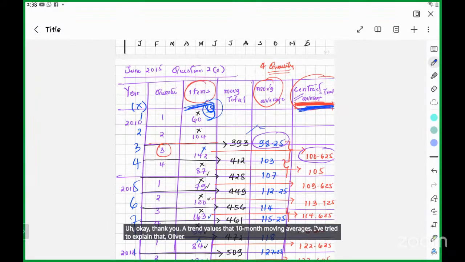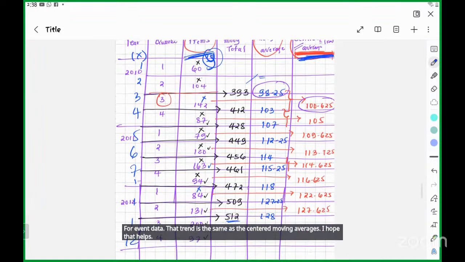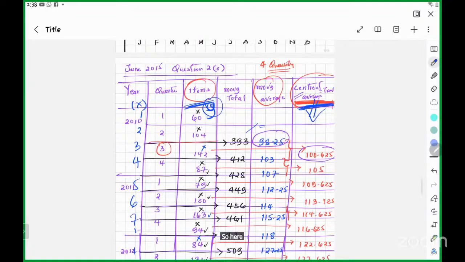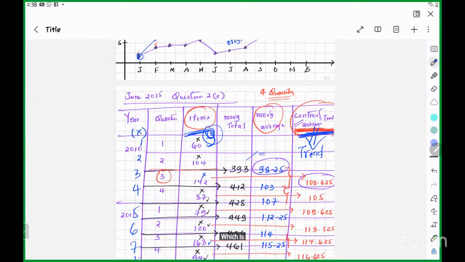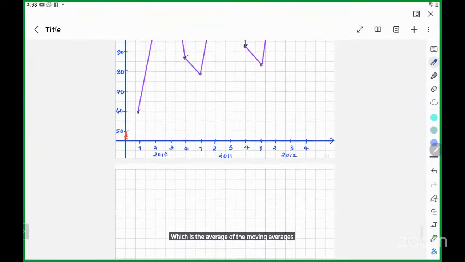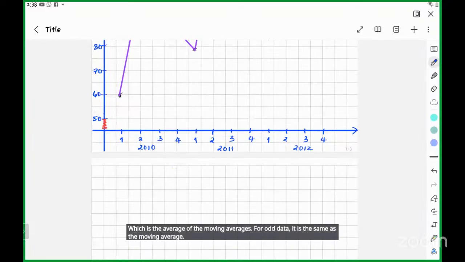For odd data, the moving averages are the same as the trend. For even data, the trend is the same as the centered moving averages. Here, this is the trend, which is the average of the moving averages. For odd data, it is the same as the moving average.